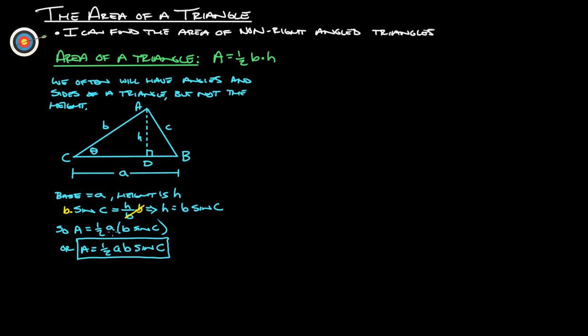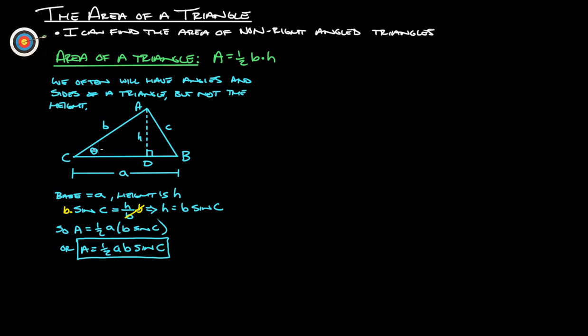So 1/2 of a, the base, and then the height is b sine C. We replace the height with b sine C, so that goes right into that spot. So the area is 1/2 ab sine of C.